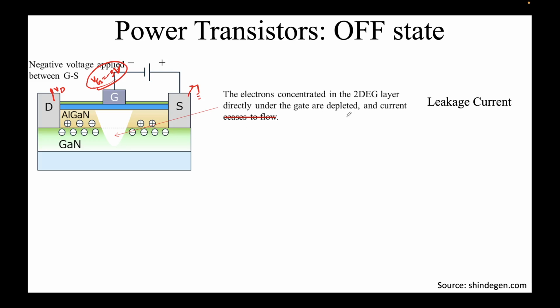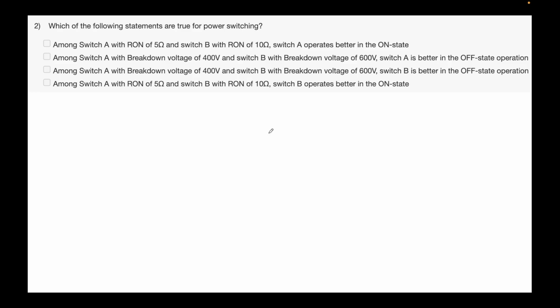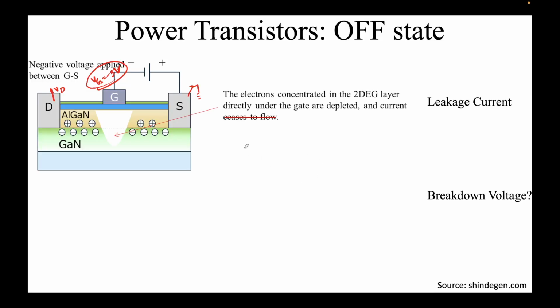Well, actually that's not correct. We saw that there is some leakage current. There can be leakage paths like this, through this. There are various pathways, and this is still an open area of research, where we try to minimize leakage pathways. Okay, so irrespective of that, there is some leakage current, correct? And so as I've told you, corresponding to the leakage current, there was some breakdown voltage.